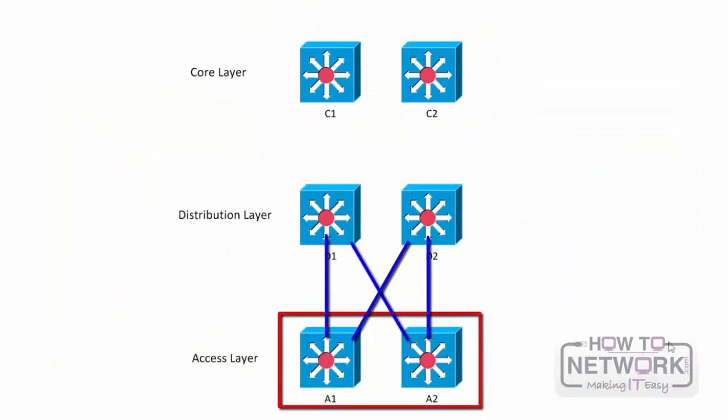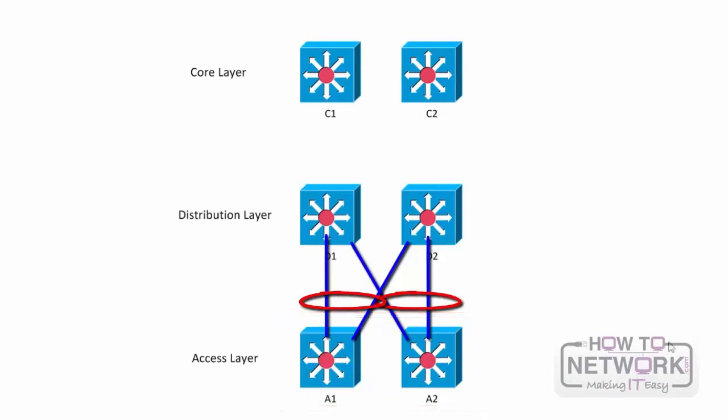Therefore spanning tree protocol is not needed, and you can use the full capability of the uplink bandwidth. Now, the pairs of redundant links to the distribution switches are configured with EtherChannels, and now you have no blocked links, and all links can actively send and receive traffic, and that obviously increases the available bandwidth.